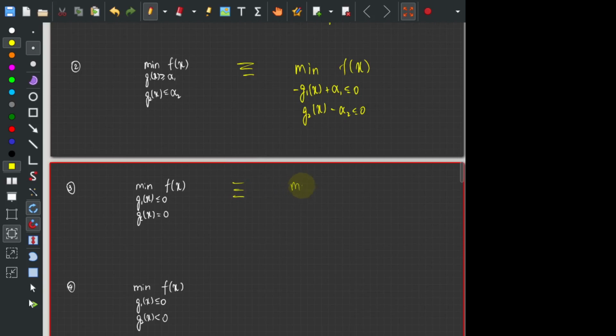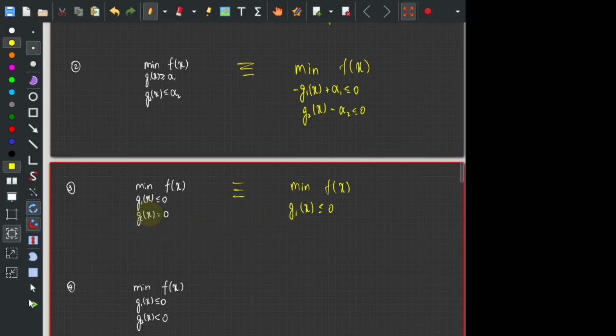So this is the minimum of f of x such that the first constraint is fine, less than or equal to 0, and then what do you need? Mod g of x? Okay, fine. So ultimately in the standard form, what would it look like? g of x less than or equal to 0 and minus g of x less than or equal to 0.